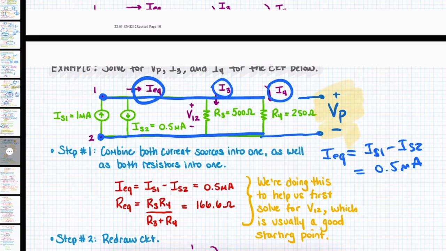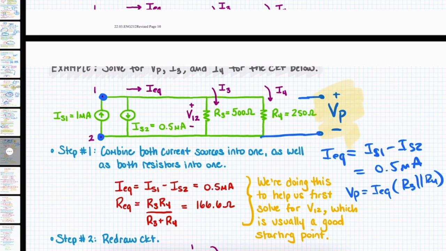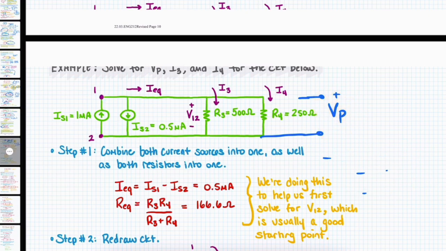And then that I equivalent is going to flow across the parallel combo of the two of those together. So I could say VP is equal to I equivalent times the parallel connection of R3 and R4, and then I'm done. But we could also simplify further first, and that's the way I did it in the problem. So we'll go ahead and present it in that way.